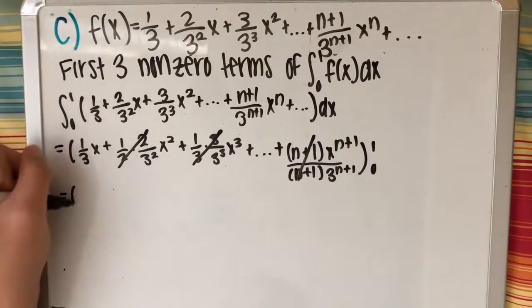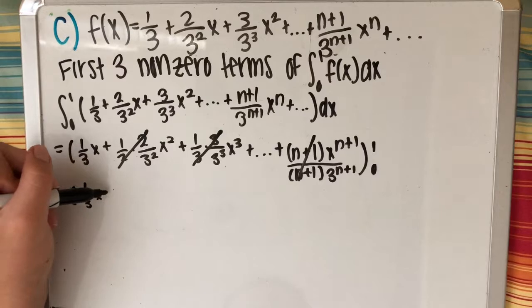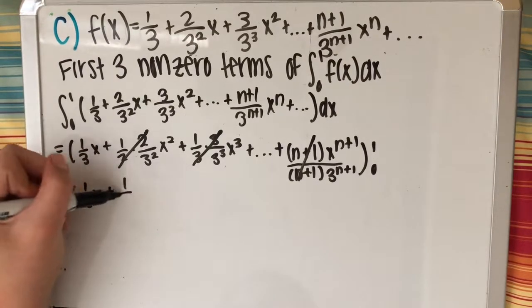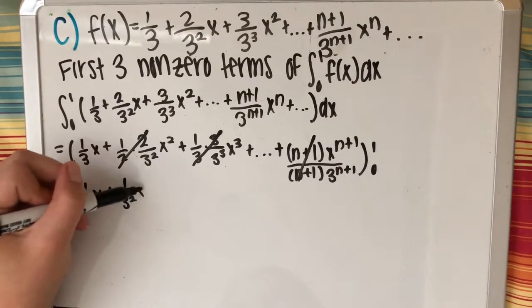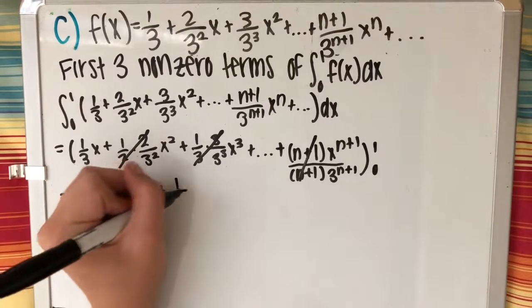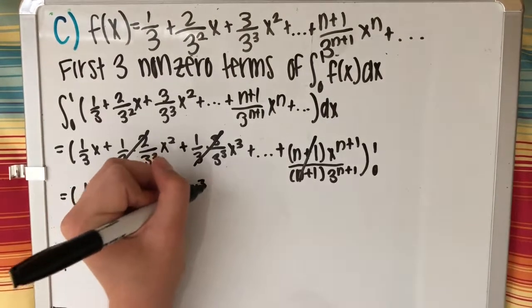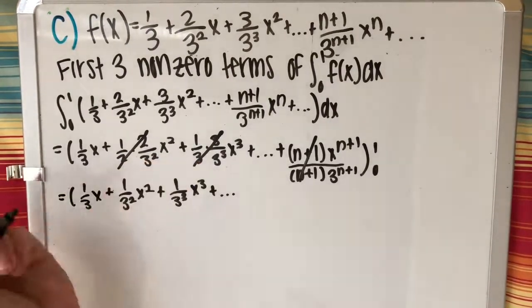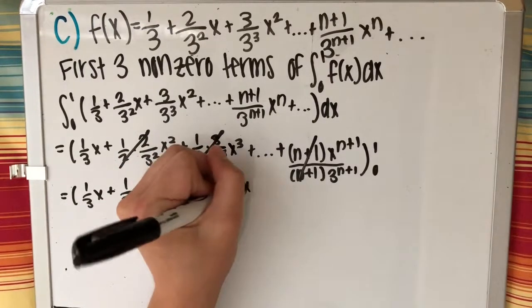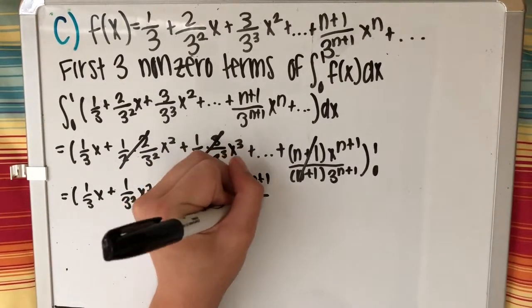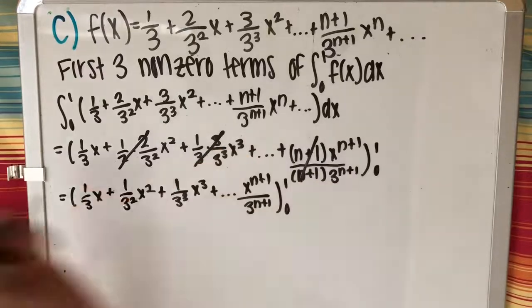Once we cancel everything, we're left with 1/3 x plus 1 over 3 squared x squared plus 1 over 3 cubed x cubed plus x to the n plus 1 over 3 to the n plus 1, all from 0 to 1.